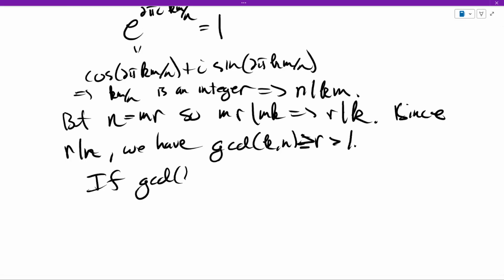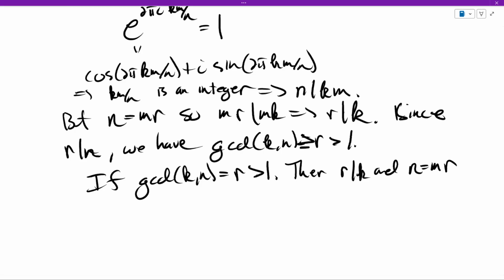So if the GCD of k and n is equal to some r bigger than 1, then, well, what do we get from this? We know that r is a divisor of k, and r is also a divisor of n, and we're going to choose to write that as n is mr for some, again, m in between 1 and n.